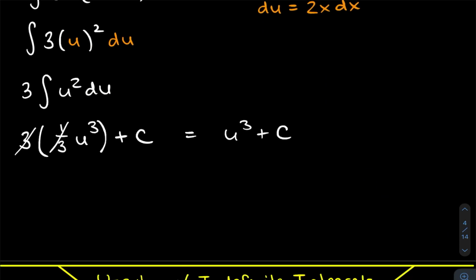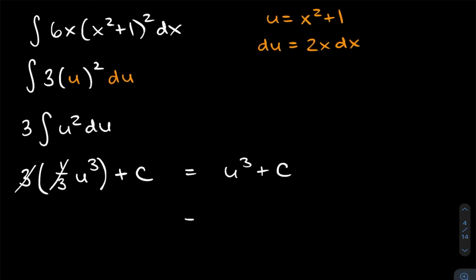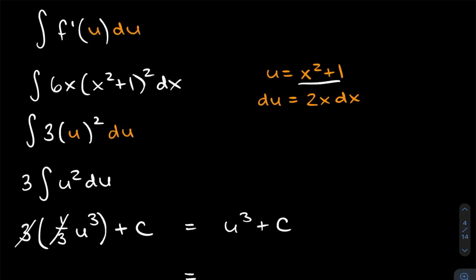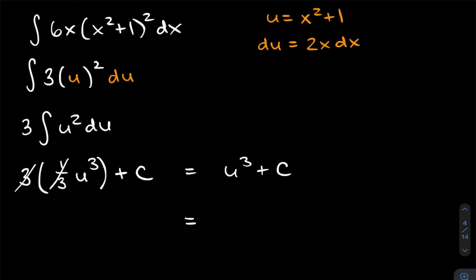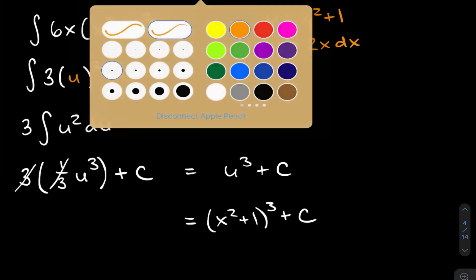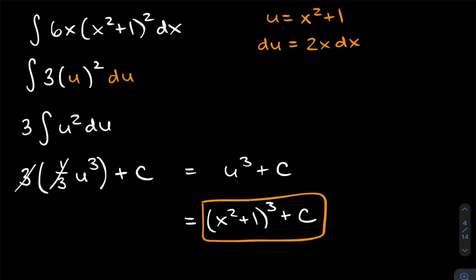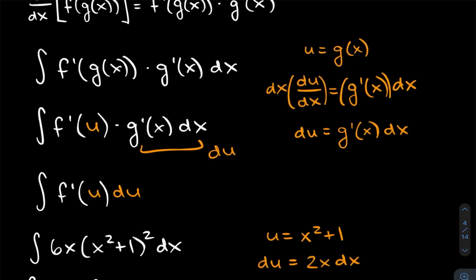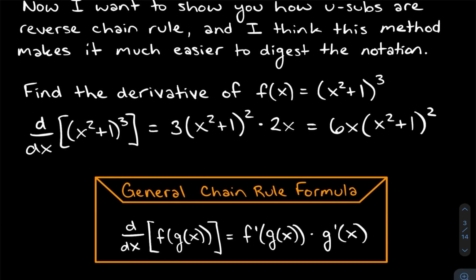No. Okay? So we know that u is x squared plus 1. This gets cubed. Then you add c. That's your answer. Was that what we were expecting? Did we get back to where we wanted to be?